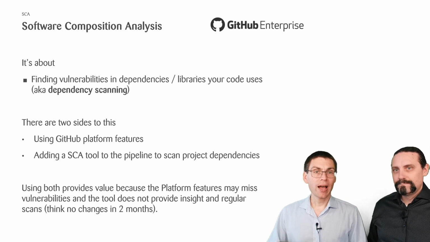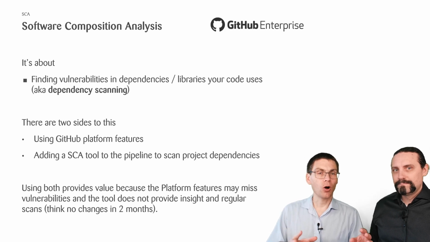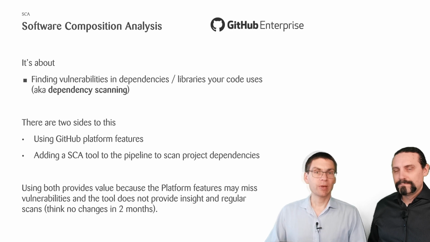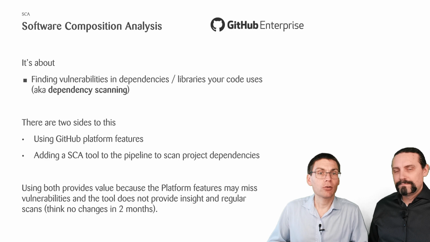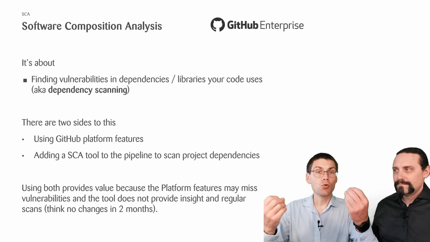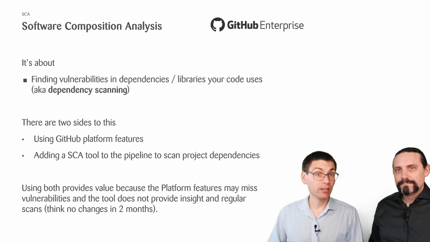It usually provides value to use both of them because this may find additional vulnerabilities that you can't detect with one or the other approach. Especially when it comes to the platform features, which provide a new analysis at regular intervals, even when you do not change the code.